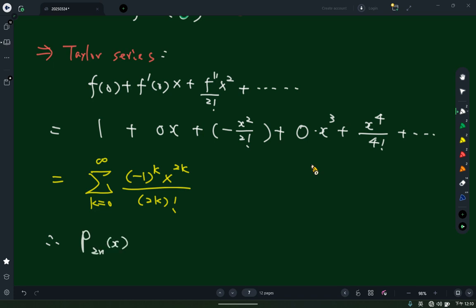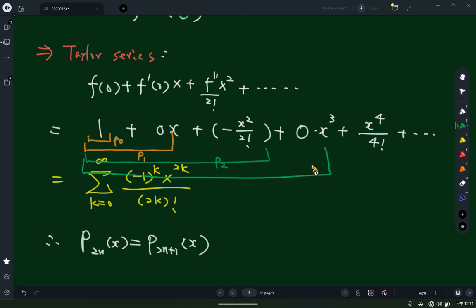P2n of x is equal to P2n plus 1 of x. Why do we say P2n of x will equal P2n plus 1? Because you can notice that this is the first one, P0. Then P1 will be 1 plus 0. Did you notice that? Give me 3 minutes. This is P0. Then this one is P1, right? This is P2.